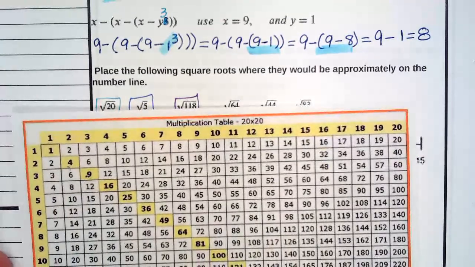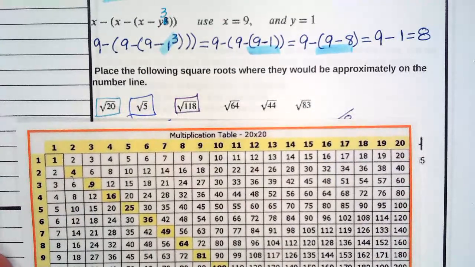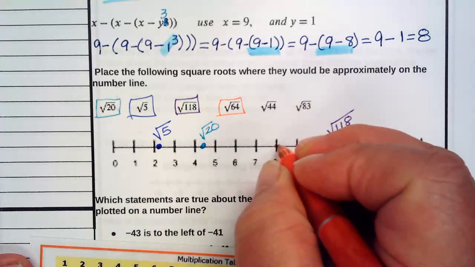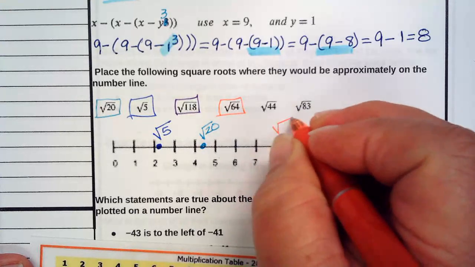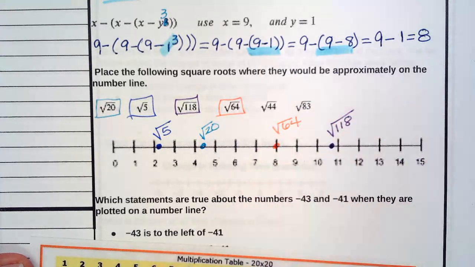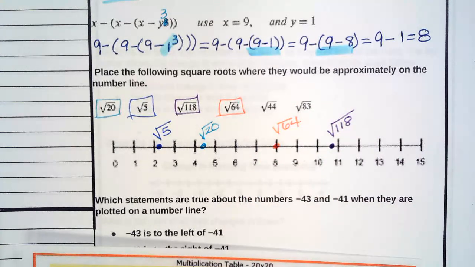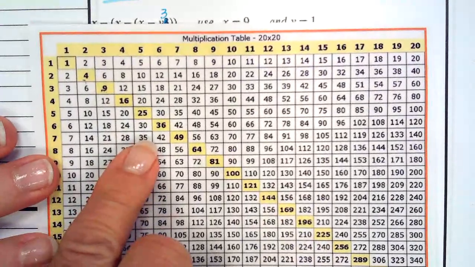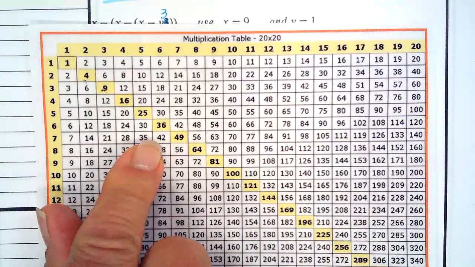Okay, what about 64? Well, 64 is a perfect square, so we don't have to do any rounding. The square root of 64 is 8. What about the square root of 44? Take a minute and think about what's going to happen.